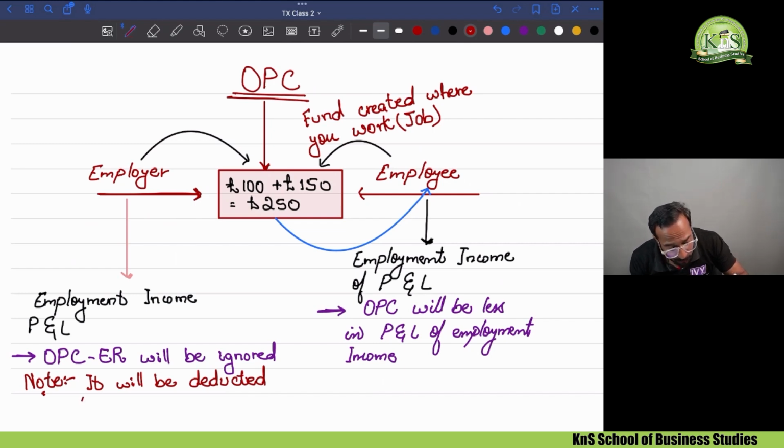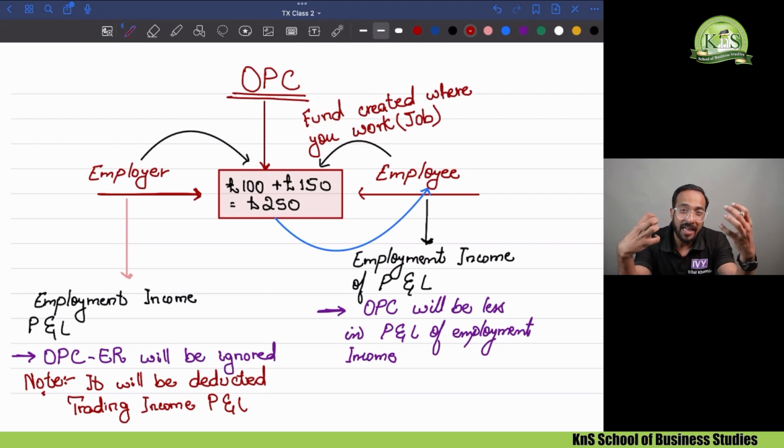It will be deducted from the trading income P&L. That makes sense. Now, this expense belongs to the sole trader business, so the business P&L will get the employer expense effect. Are you getting my point? So that's the whole story of the occupational pension contribution.